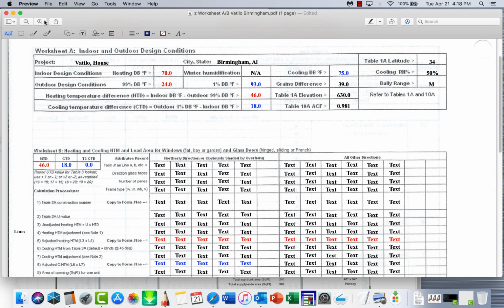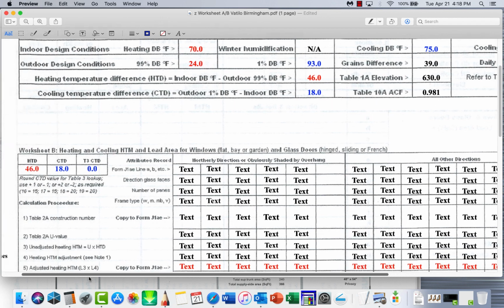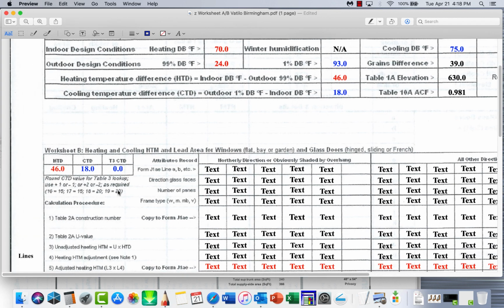CTD. This one's a little bit trickier, and a lot of your explanations are going to be straight up right below it, or a note saying look at note 1, look at note 2. This one right here explains it for you. It says just round the value up. So like we got 18 here. If you got 18, you round it up to 20.